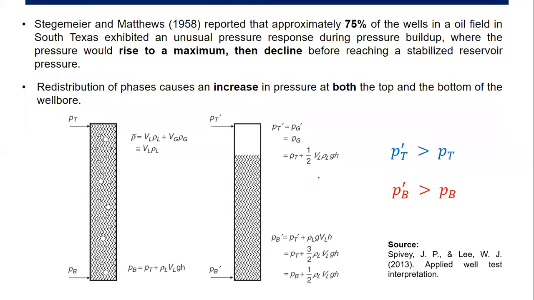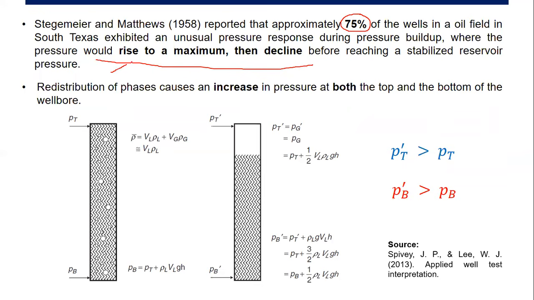So we have Stegemeier and Matthews in 1958 reported that 75% of the wells in oil field in South Texas exhibited an unusual pressure response during pressure buildup, where the pressure would rise to a maximum and then decline before reaching a stabilized reservoir pressure.